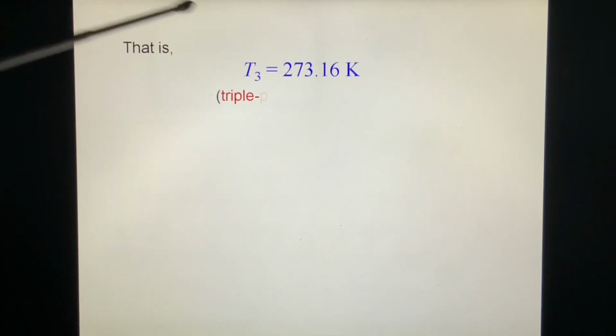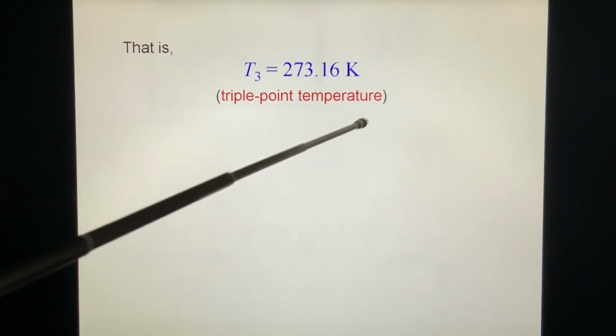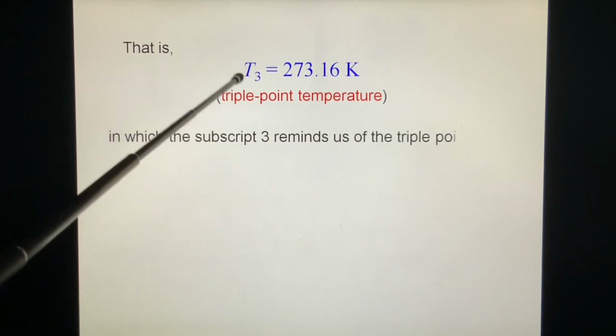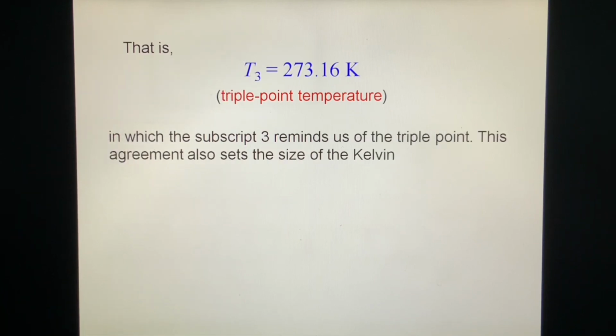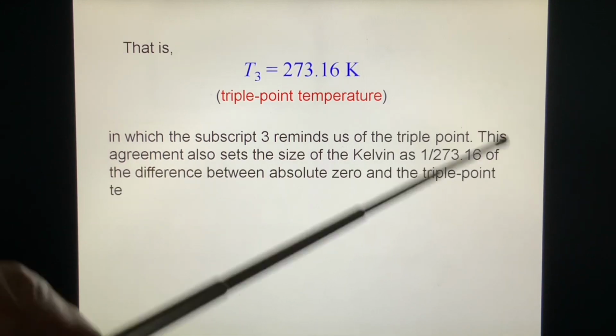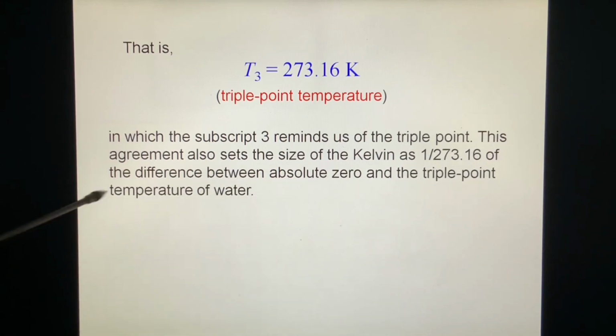That is, T3 equals 273.16 Kelvin, called the triple point temperature, in which the subscript 3 reminds us of the triple point. This agreement also set the size of the Kelvin as 1 over 273.16 of the difference between absolute zero and the triple point temperature of water.